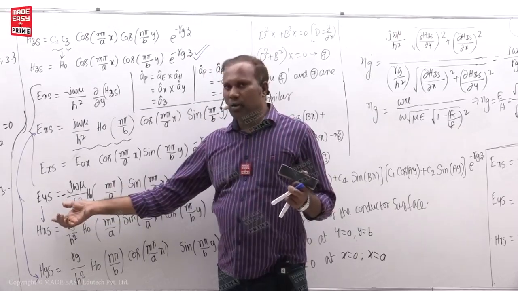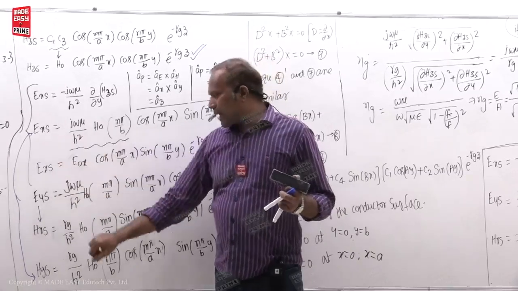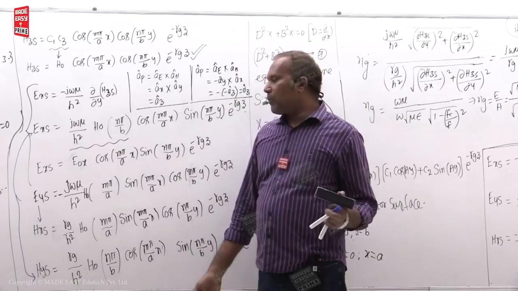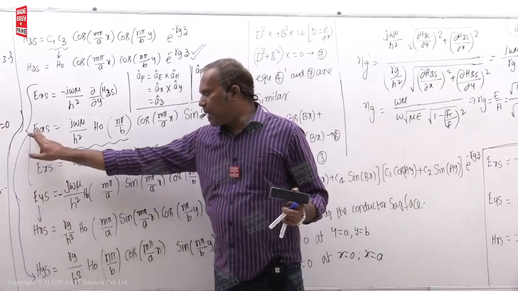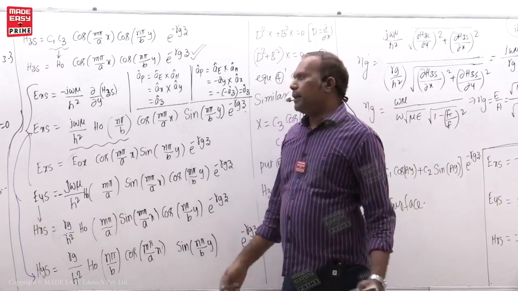And in TE01 mode, the electric field X component and magnetic field Y component carry the power. In TE11 mode, this pair also carries a little bit of power. So we will see that.